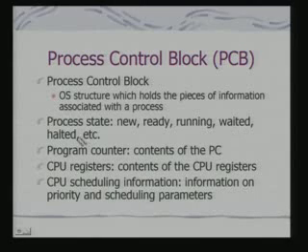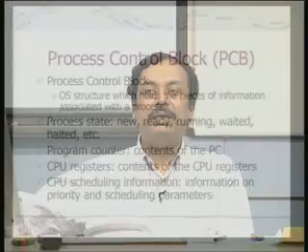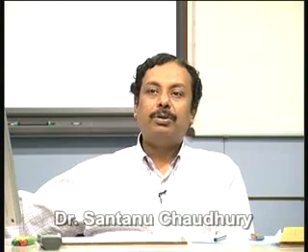The process can also be halted for some reason, and it can also be put into other kinds of states. In fact, in a general purpose system, a process can be moved out of memory and put on the hard disk, waiting for its time to come. So there may be variations of these states that we have talked about.